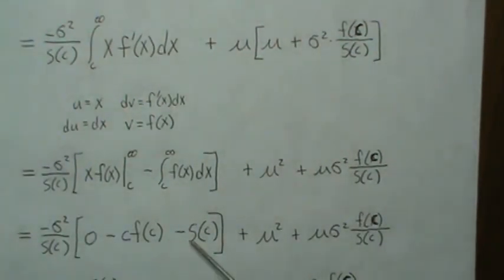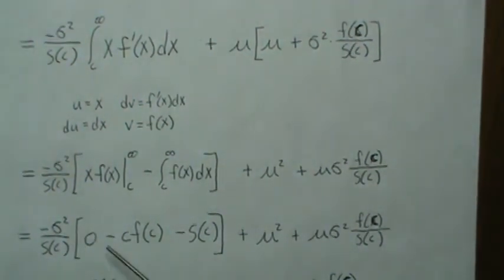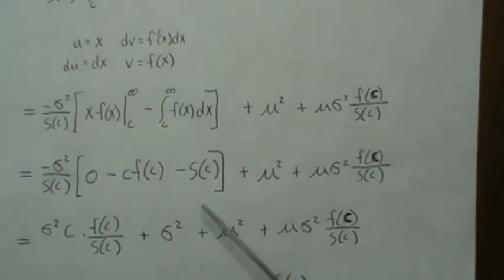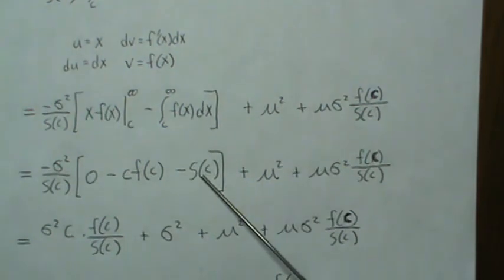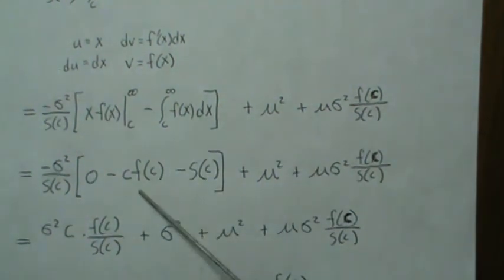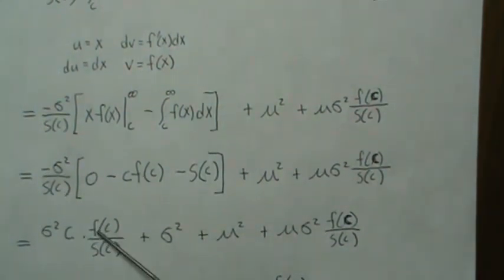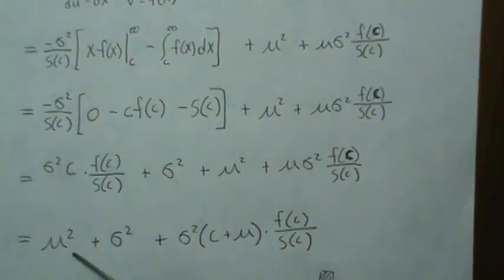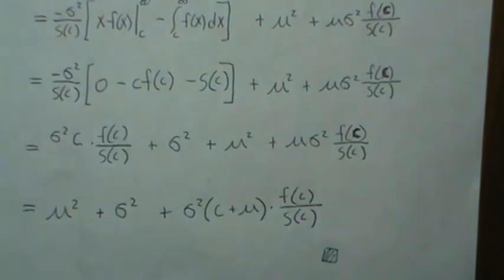Then we multiply this in, the 0 of course goes away, the negatives become positives, and we get this. So this is just sigma squared, and then we get this times that, which is that. Bring this down, and then just simplify it. I like to bring the mu squared plus sigma squared, and then factor out an f of c divided by capital S of c. So that's the expected value of x squared.